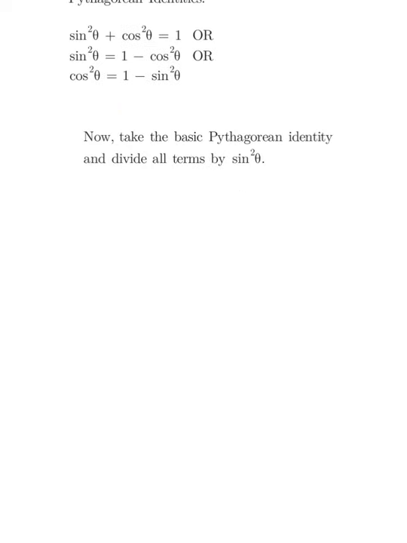What we're going to do now is take the basic Pythagorean identity of sine squared theta plus cosine squared theta equals 1 and divide all the terms by sine squared theta. In doing that, we now have sine squared theta over sine squared theta plus cosine squared theta over sine squared theta equals 1 over sine squared theta.